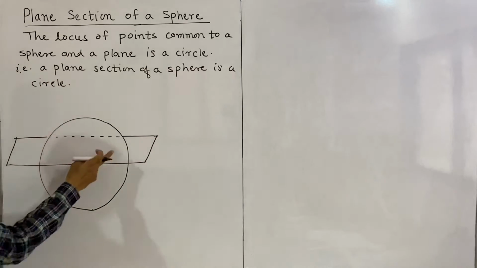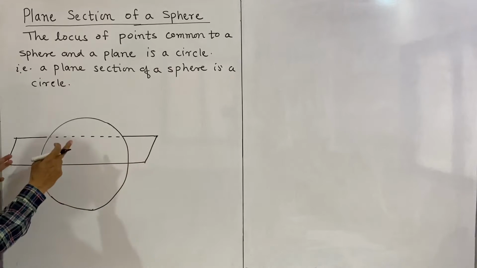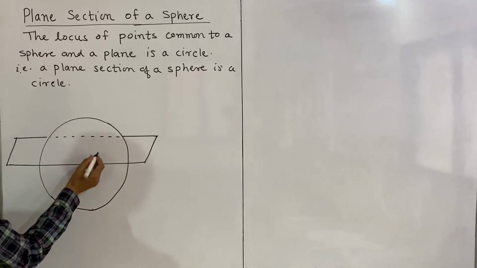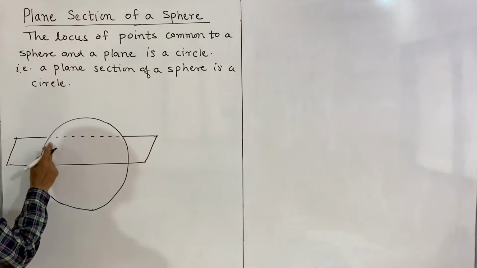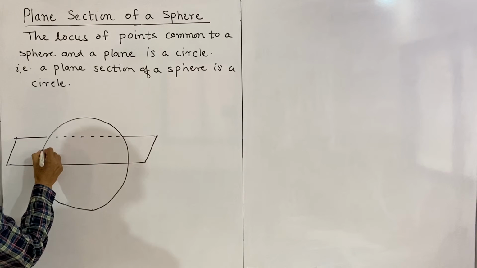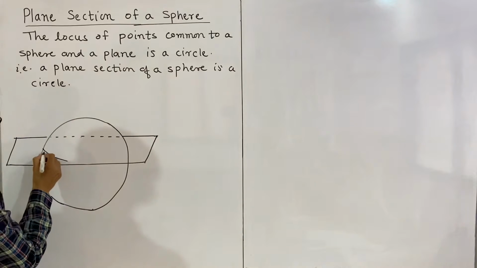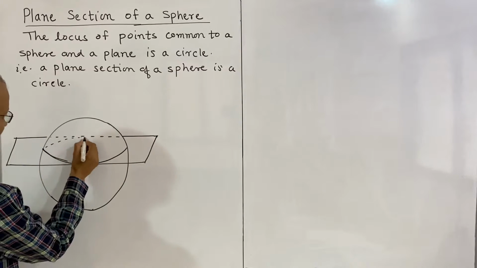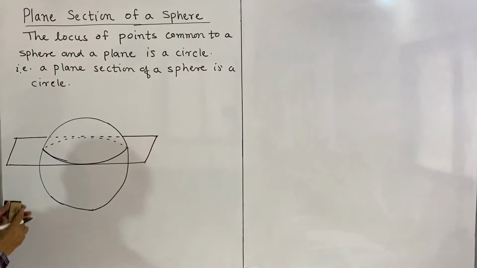So what is the section, that is the intersection of this sphere with this plane, that we want to find out. And we may see this will be a circle which lies like this. So this will be a circle.